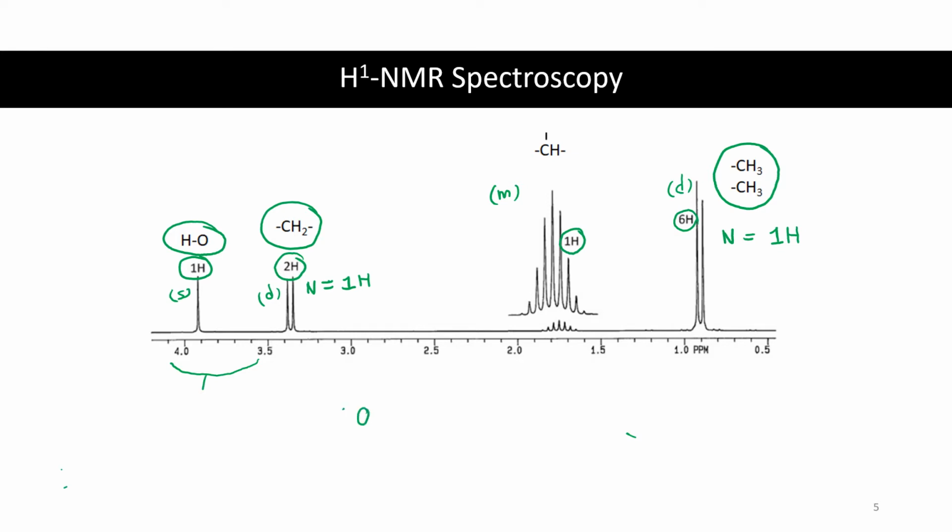So we have an OH, and we should have a CH2 group which has 1 immediate carbon neighbor that has only 1 hydrogen on it because of the number of splits.